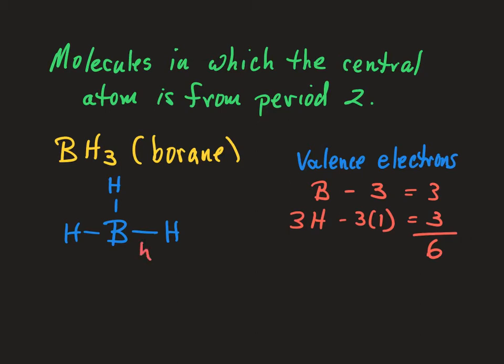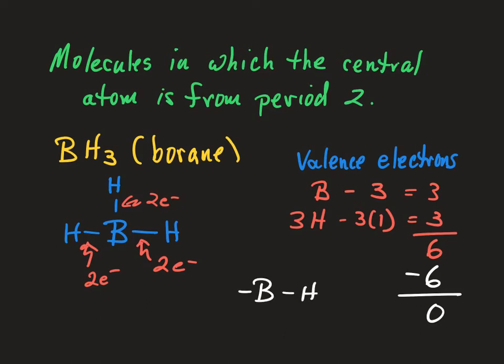Well, each bond is 2 electrons, so each line we've already drawn is 2. So we've already accounted for all 6 valence electrons. We have no electrons left, and so we're done. That structure is the appropriate Lewis structure for borane.